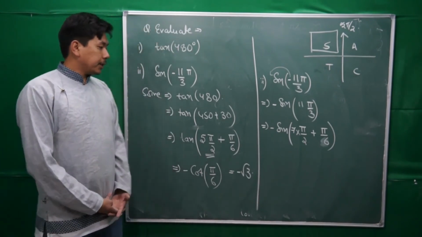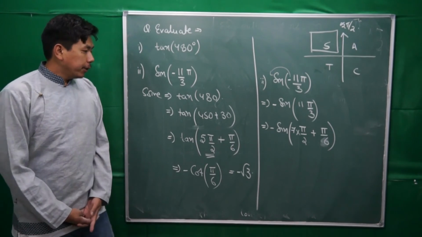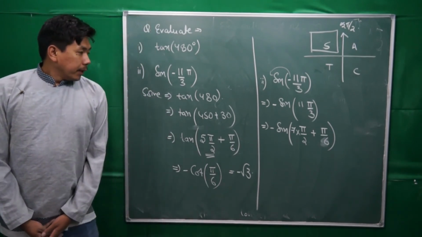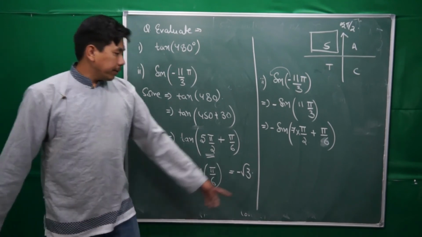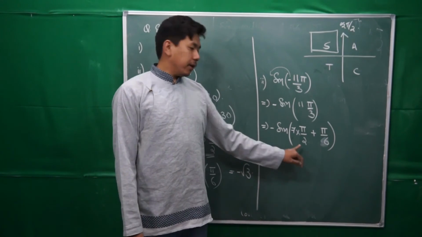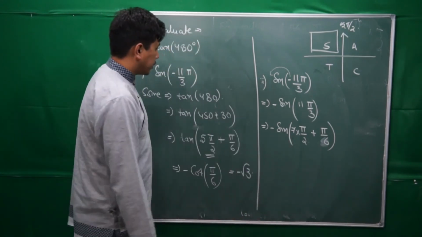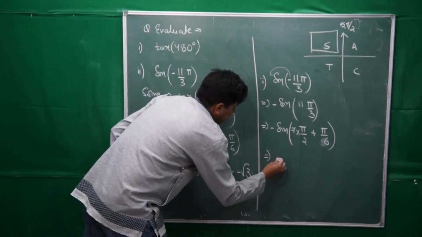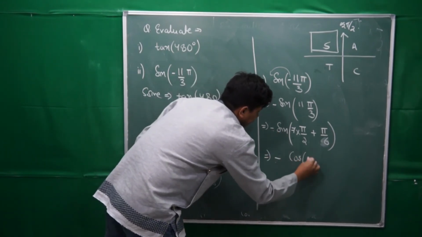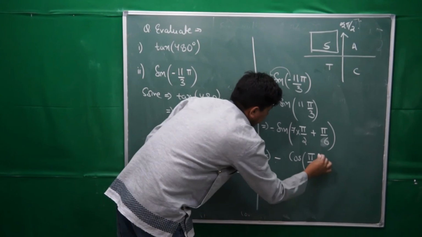So this can be separated as 7 pi by 2 plus pi by 6. Clear? Now where does 7 pi by 2 fall? Again, it's an odd multiple of pi by 2, therefore sine will change into cos. So first thing, this minus as it is, cos pi by 6.